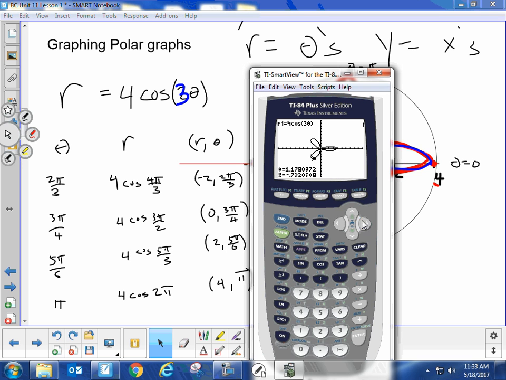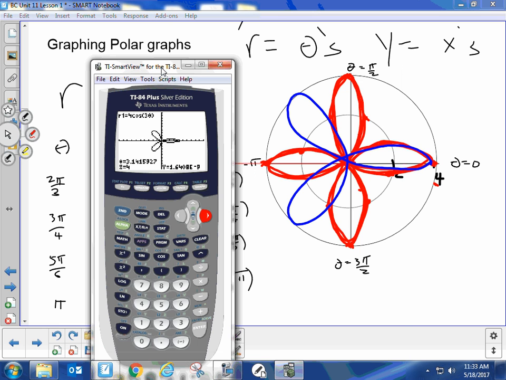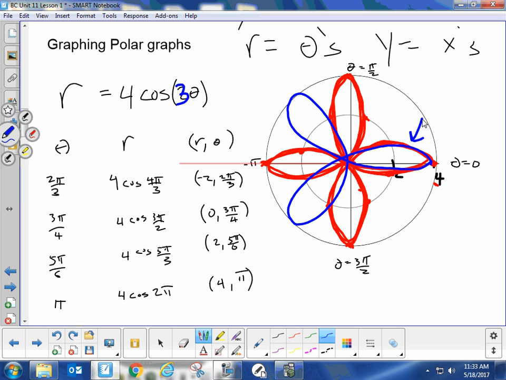Because the entire graph, all of these points, are created between 0 and pi, not 0 and 2 pi. So your calculator is going from 0 to 2 pi, but it ended up tracing it over again because this graph, unlike the graph of the cosine of 2 theta, is created from 0 to pi.